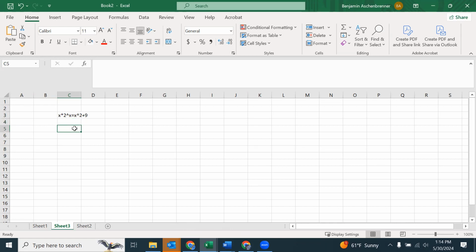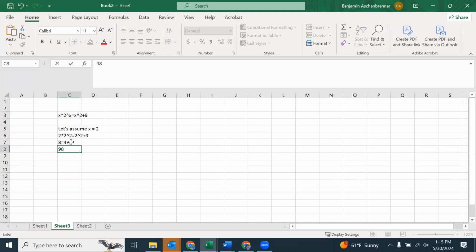So because I don't know how to solve it, I'm just going to say, let's assume x equals 2 and see if we got the right answer. I can plug it in and evaluate it. 2 times 2 to the 2 equals 2 squared plus 9. Okay, so 2 times 2 squared is 2 times 4, that's 8. 8 equals 2 to the second power, which is 4, plus 9 is 13.